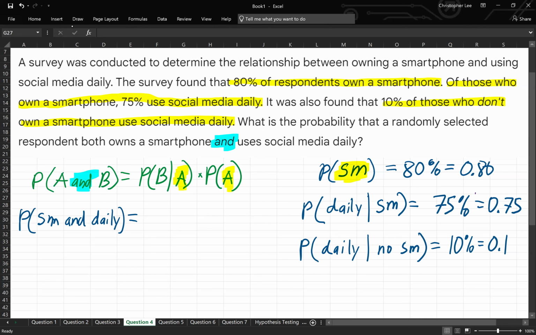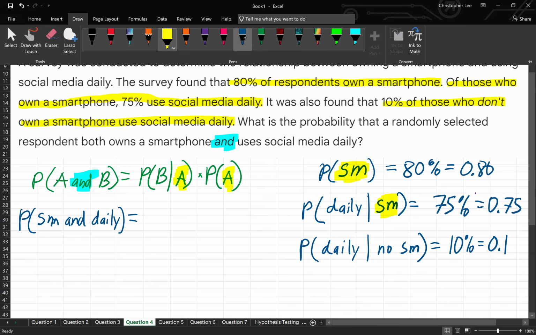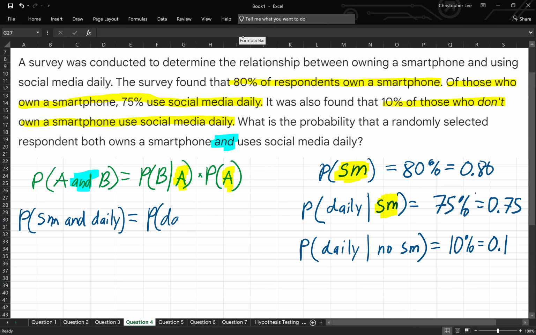So that means I got to go with the conditional probability that has smartphone after the given, which is this one. So now when I write it out, back to blue, I got probability of daily given smartphone times probability of smartphone. All right.